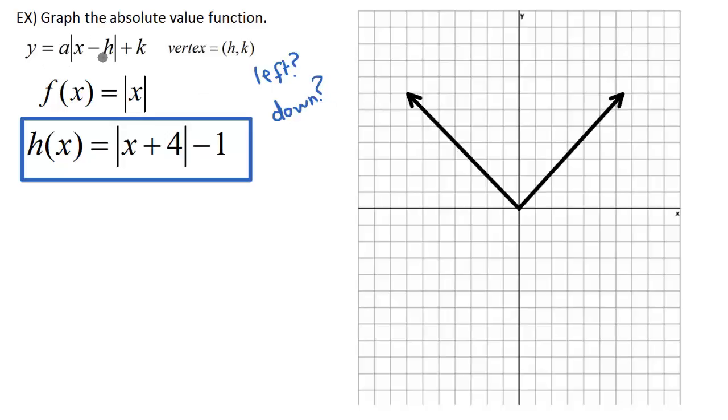Then I follow my formula, right? 4 is being added to the x, and we want to figure out what our h is. Actually, our h is going to be a -4. And then our k on the outside is going to be -1.